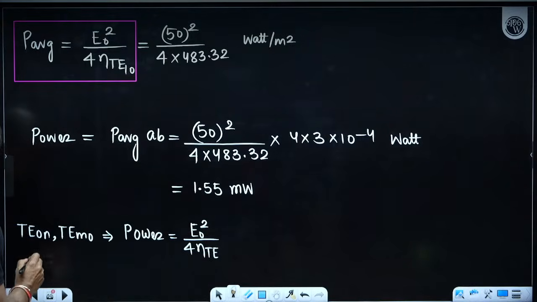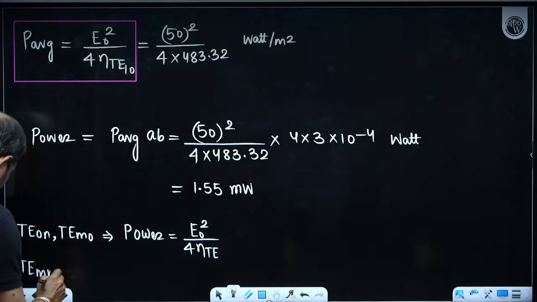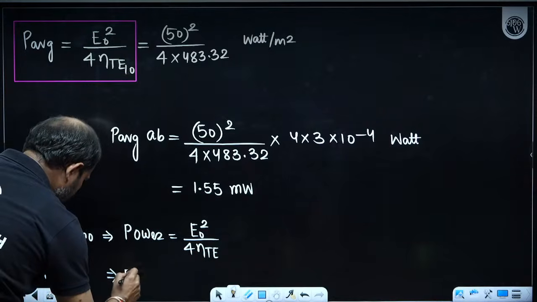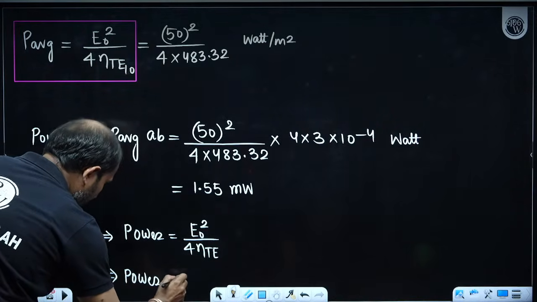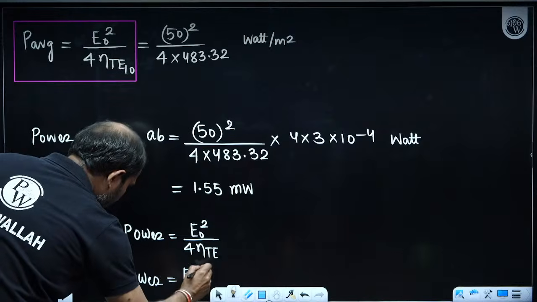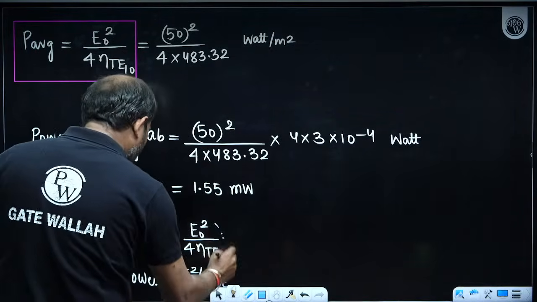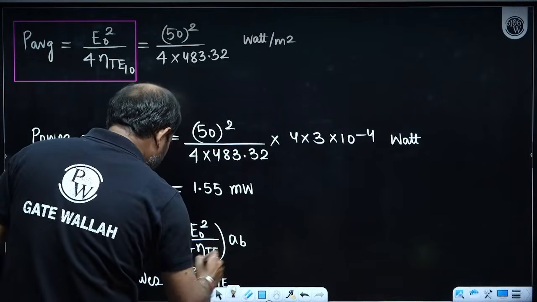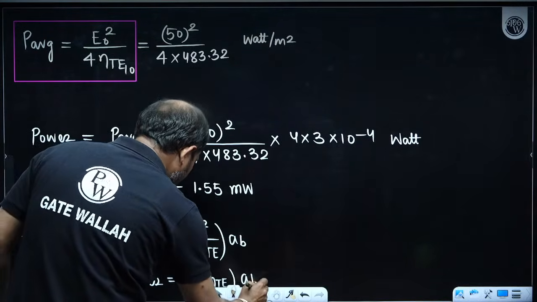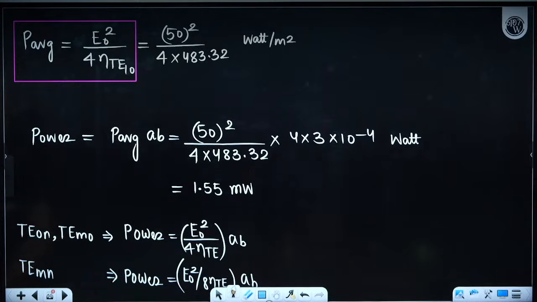And for TMMN mode, power is equal to E0 square upon 8 eta TM. So always try to remember here 4 eta TE and here 8 eta TM. You can calculate.